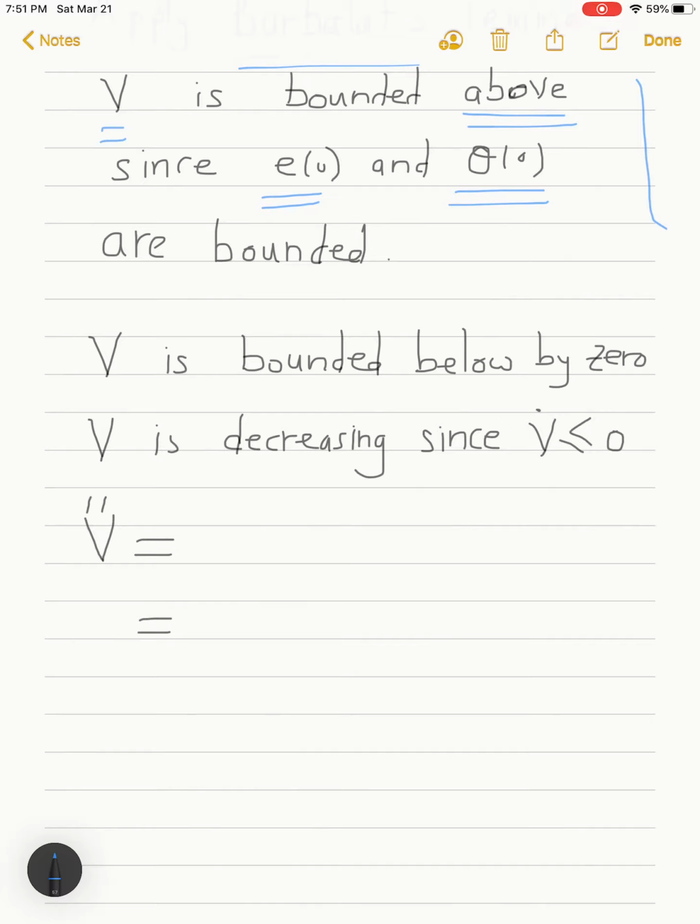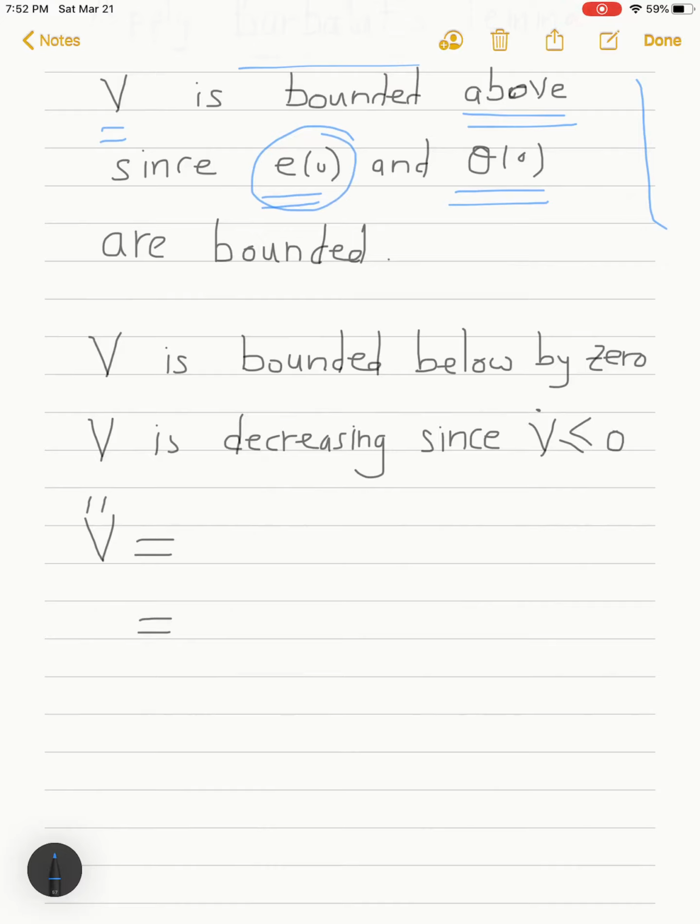In that case, I have to show that v is bounded, and it is bounded above because the initial value of the output is bounded, and the initial value of the reference model output is bounded, so that will mean that e of 0 is bounded.